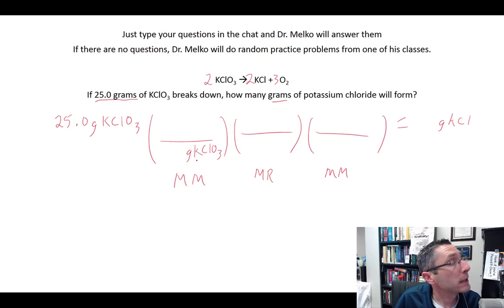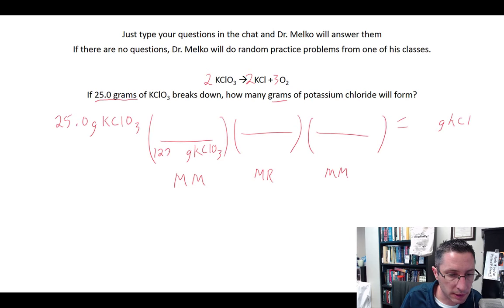We can consult the periodic table. I suppose I actually need to calculate this. So oxygen would be 48 from that, 35.45 from the chlorine, and 39.1 from the potassium.